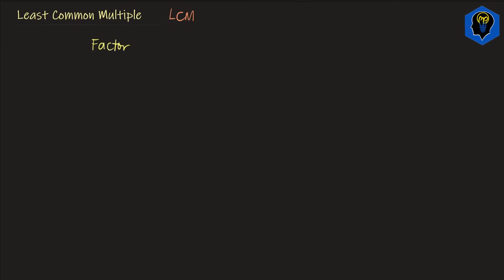Factor versus multiple. So the term factor is different from multiple, kasi daming nalilito. Before we had greatest common factor, so we're looking at the factors, the numbers that you multiply. Diba?